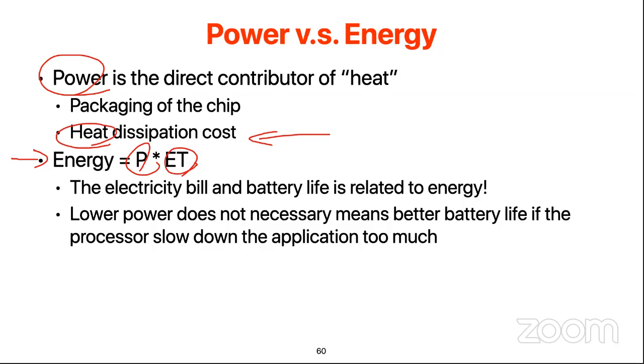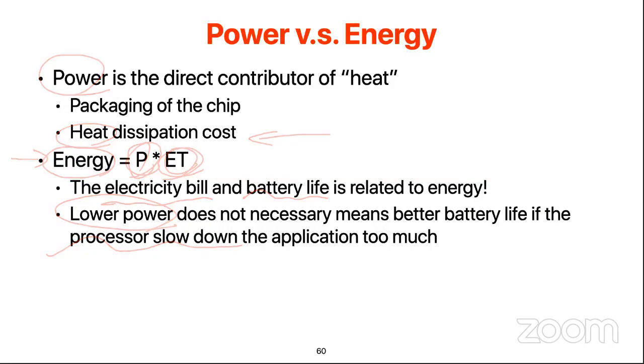Energy is the aggregated power you drain over time. So when we count the electricity bill or battery life, because a battery is the storage of energy, it's more related to energy consumption. And lower power doesn't necessarily mean better battery life if you make the processor slow down your application too much.